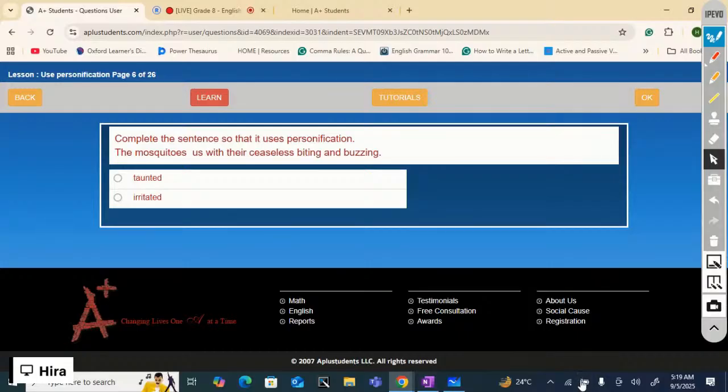Well, taunting is a human characteristic. Irritating, yes, it is also, but taunting is specifically a human quality. The mosquitoes taunted us with their ceaseless biting and buzzing.